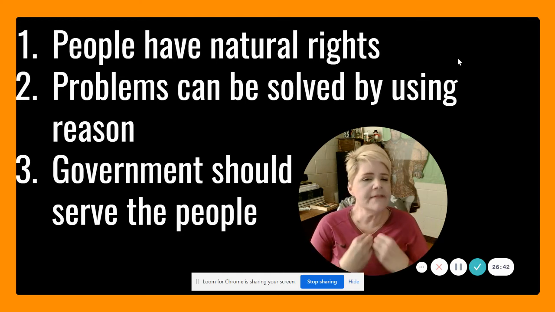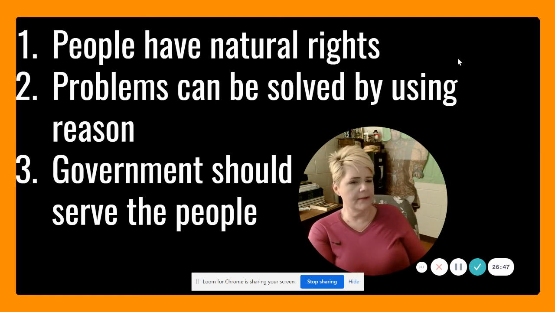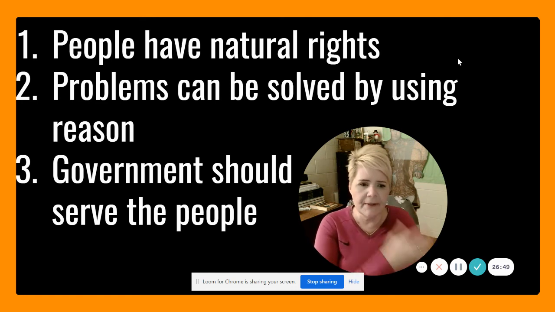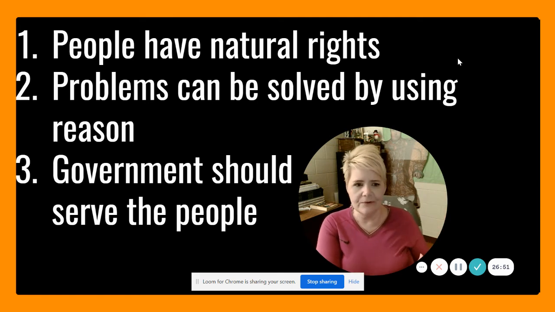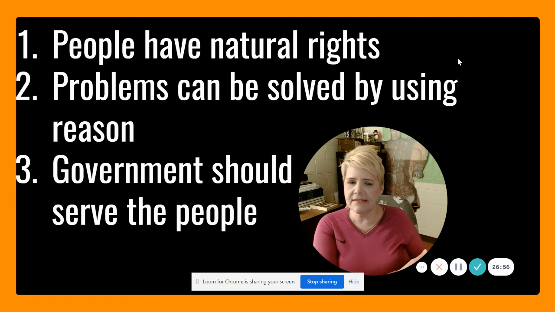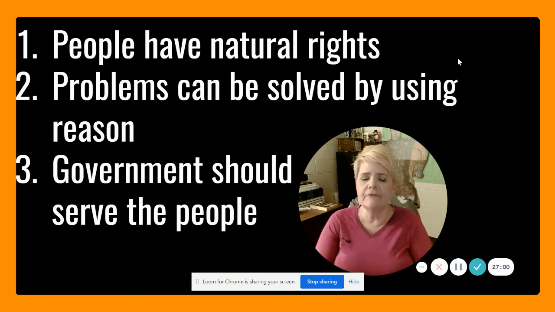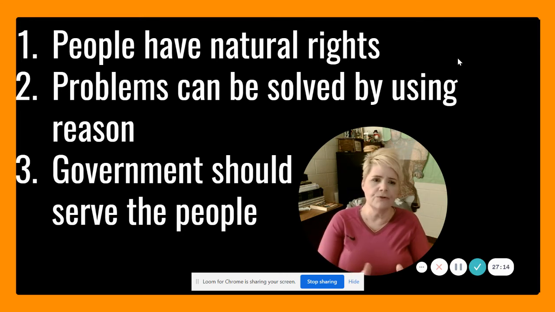Two, problems can be solved by using reasoning. You can sit down with somebody and talk out an issue. You don't have to pick up a weapon and fight it out. Governments at this time should sit down and discuss things instead of fighting it out. And three, governments should serve the people, not the kings, not the queens, not the wealthy, and not the people who rule churches.